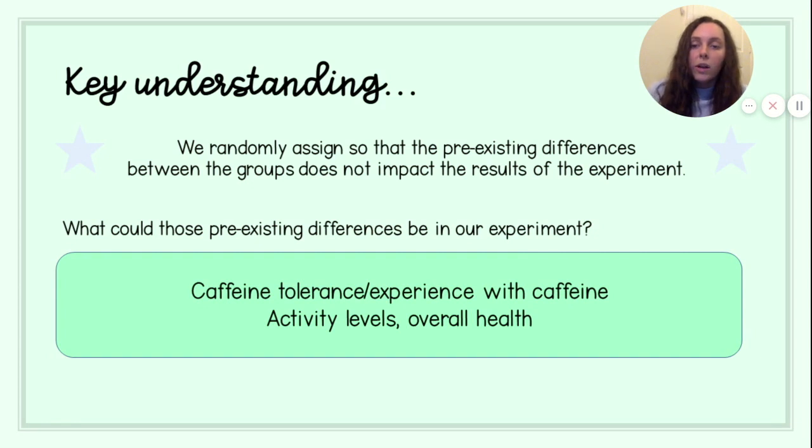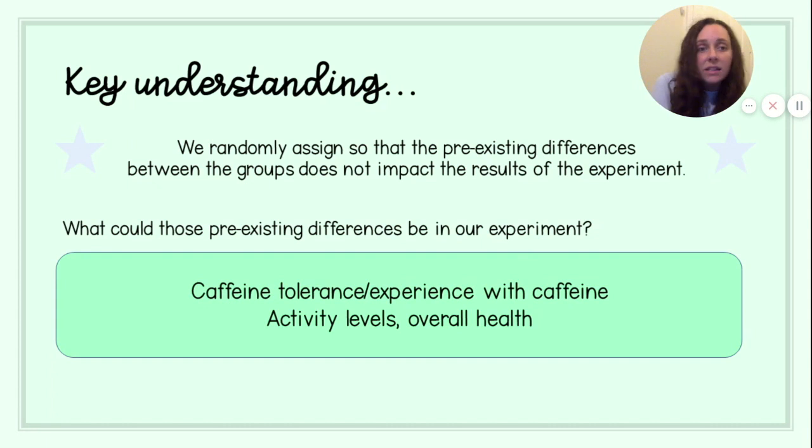So what could those pre-existing differences be? Well, I kind of listed a couple, but if you're looking at this experiment specifically, it could be caffeine tolerance. You don't want all the people who get really jumpy from caffeine in one group and then put everyone who has a tolerance to caffeine in the other. That's not going to be good for you.